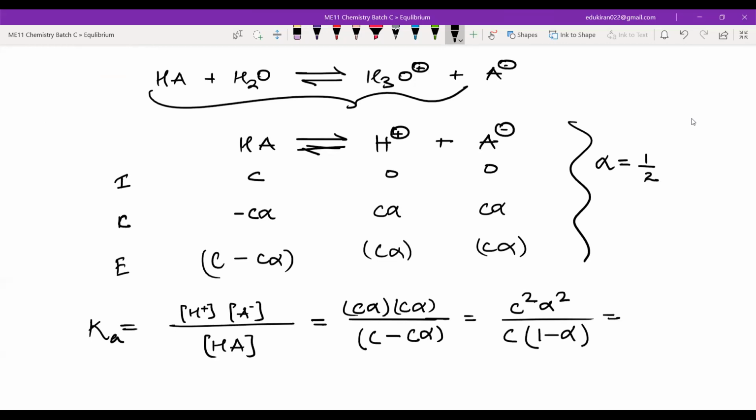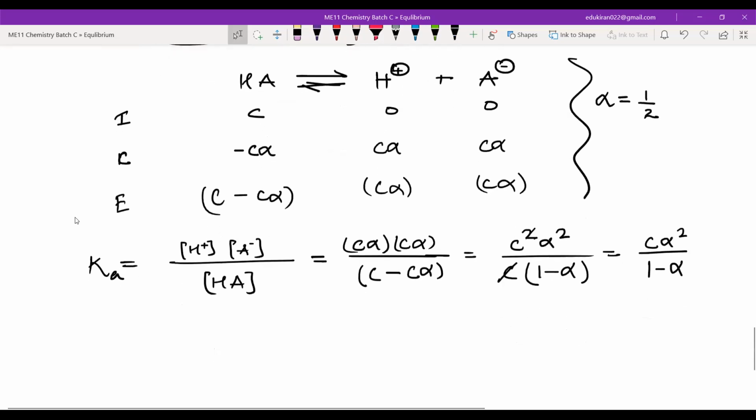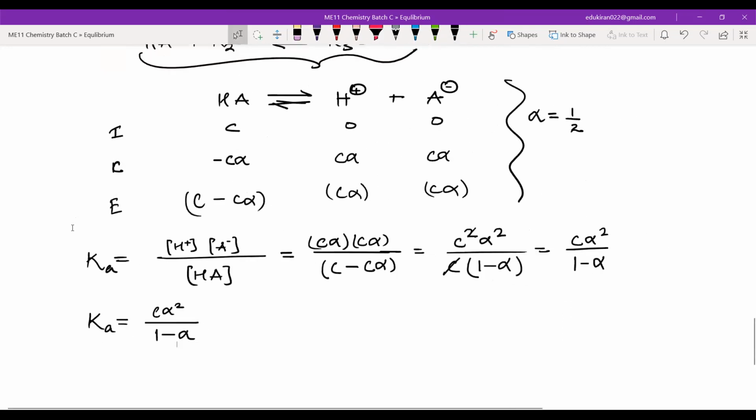The C and the C can get cancelled. This is C alpha square divided by 1 minus alpha. Alpha is the fraction of acid that is getting dissociated. Hence Ka is equal to C alpha square upon 1 minus alpha. Any problem till here, please let me know.